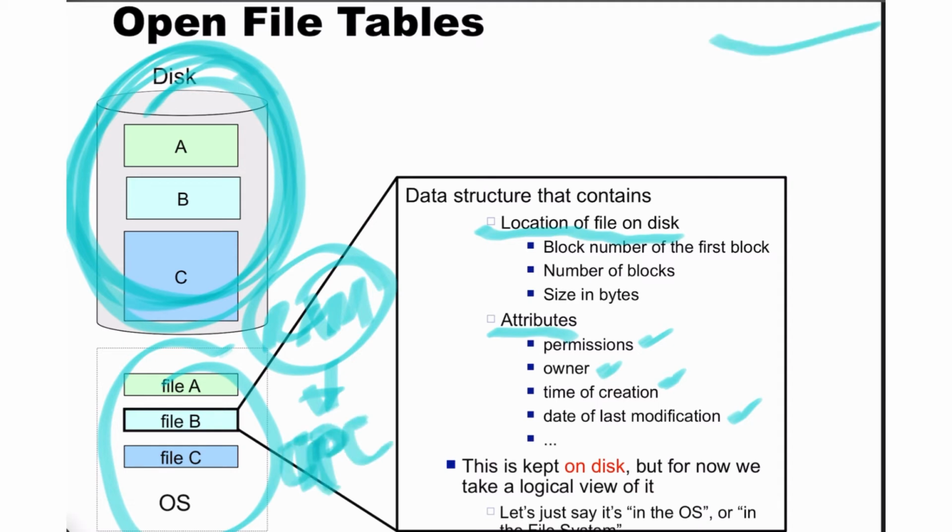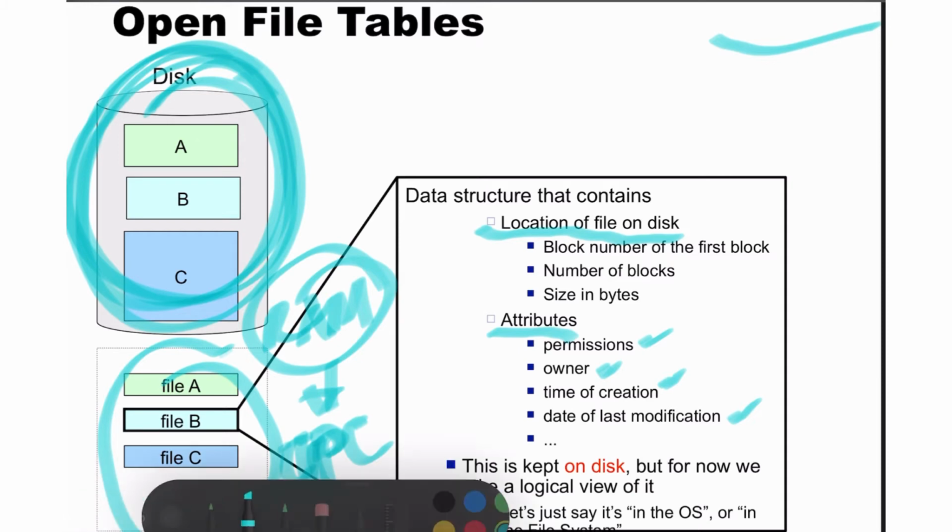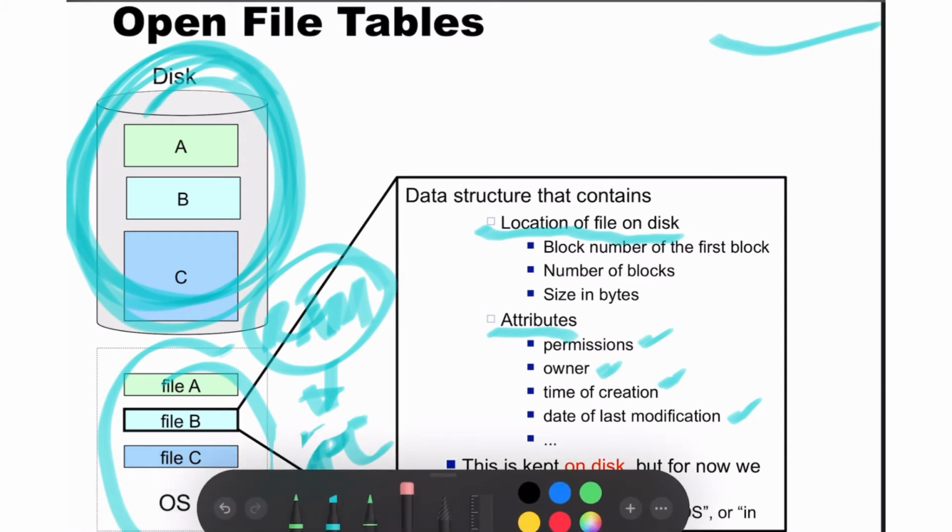We know that the only memory that our operating system or our CPU communicates with is our RAM. So to be able to read a file, you need to copy the file to our RAM.